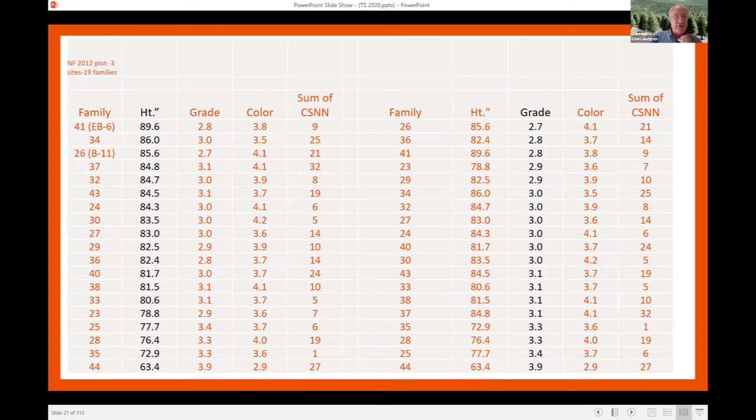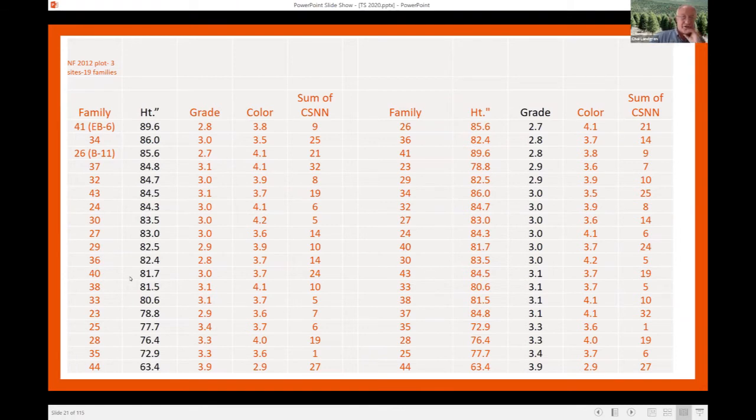Of all of the trees in this test, it was the shortest. It had the crappiest grade of all the trees. It was mostly yellow and had a lot of current season needle necrosis. So jokingly, if you all had number 44, you'd realize that at least on the dark side, we could produce some very poor looking trees.